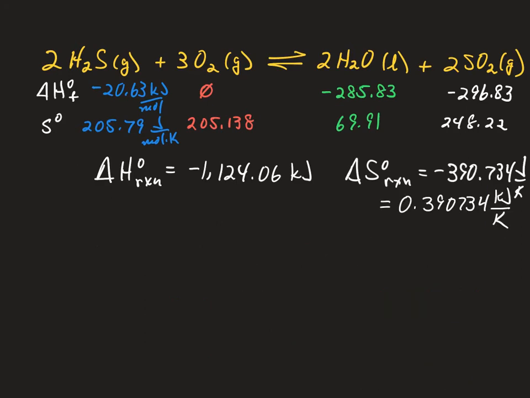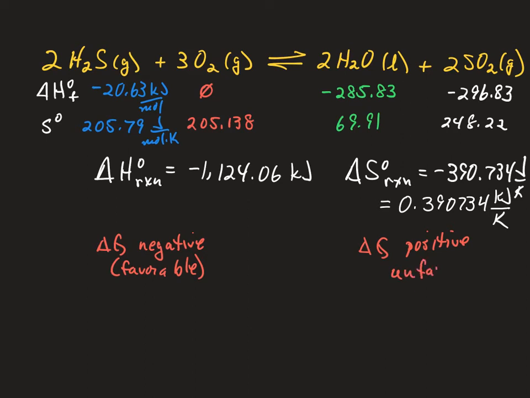So here we've brought forward our information, but now we have to think about this. We know if delta G is negative, our process is favorable. If delta G is positive, our process is unfavorable.